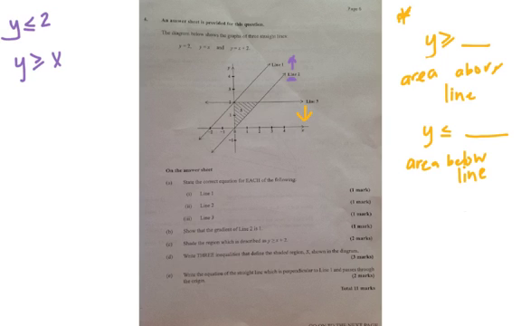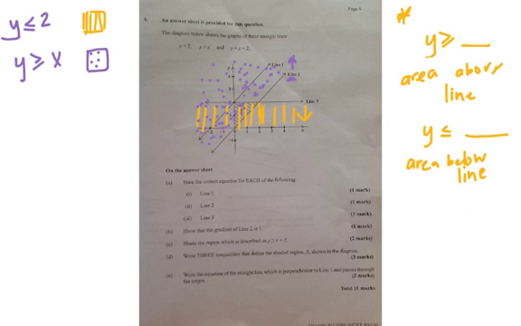Okay, so let's show what area we have thus far. We have less than line 3, right? But we also have greater than line 2, right?